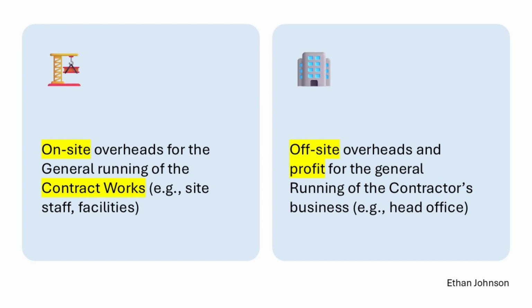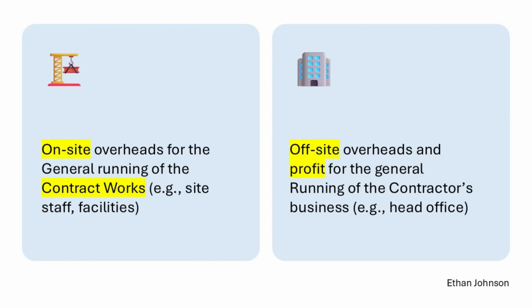These are all the on-site overheads, things like site management, admin, site sheds, and insurance. Then, under clause 9.3.11, you add another percentage for margin. This covers all the off-site head office cost, general business admin, and of course, the contractor's profit.